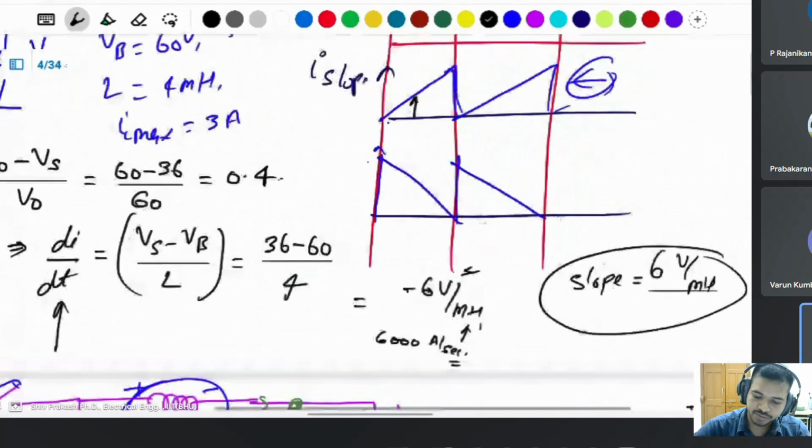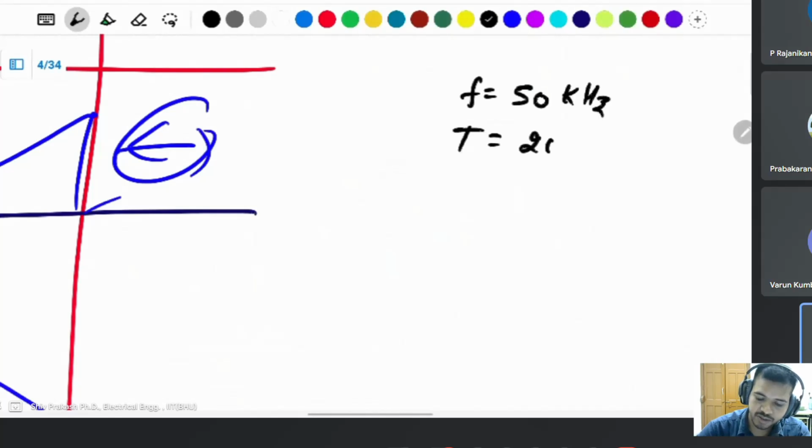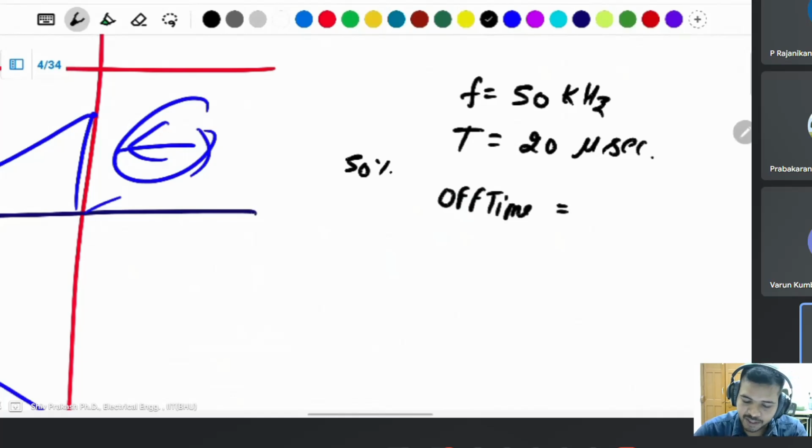If you use a frequency of 50 kilohertz, then what is the time period? 20 microsecond. If you use a maximum 50% duty cycle, then the off time is 50% of this, 10 microsecond only, not a second.